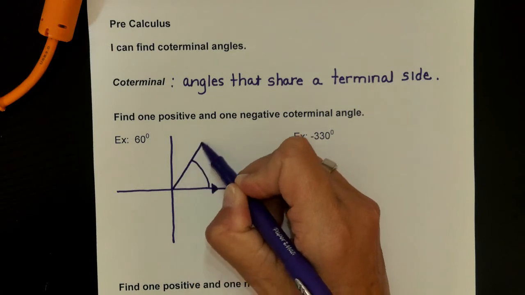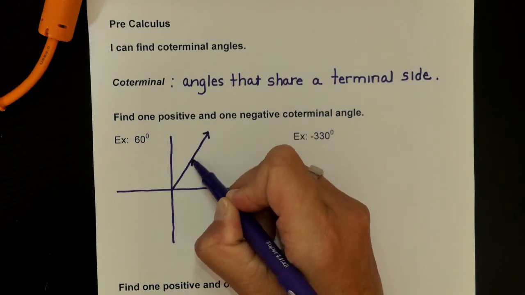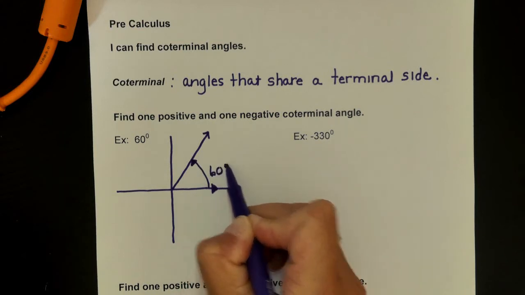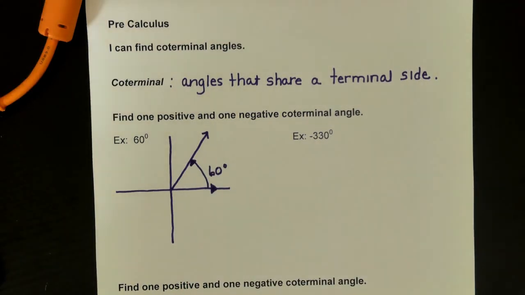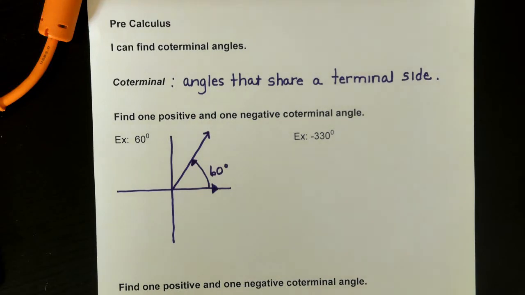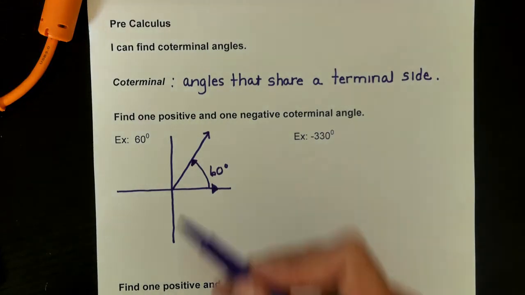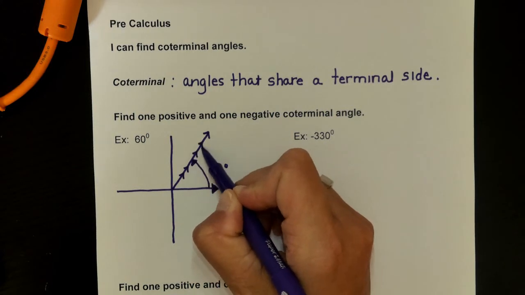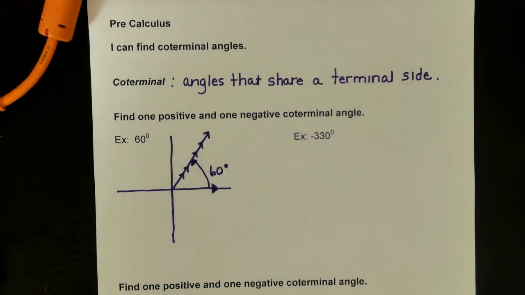And that right there, in my opinion, is approximately a 60-degree angle. So what we need to do is find another angle that shares this side right here. So your second, third, fourth, however many angles you want to draw, share that as their ending side.